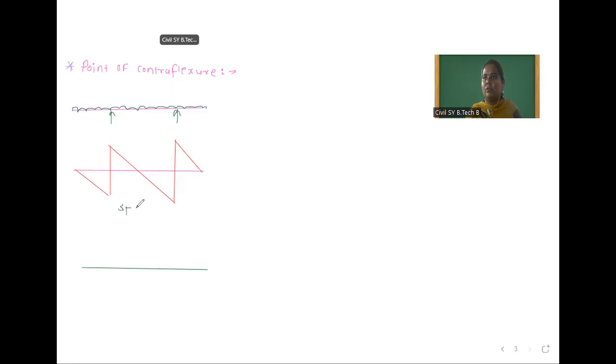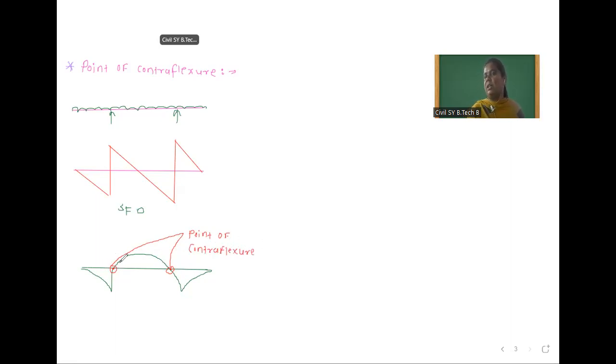So this is the shear force diagram, and the bending moment diagram will be likewise. From this, these are the points of contraflexure.